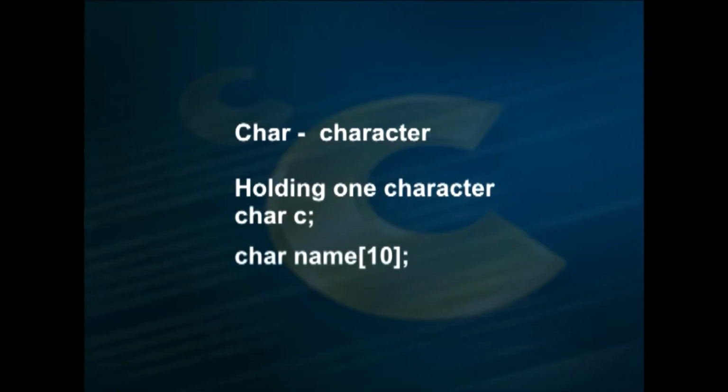Char data type can also be used to initialize a string as an array of characters. For example, char name[10]. Here name is declared as a string that represents an array which can hold a maximum of 10 character elements.